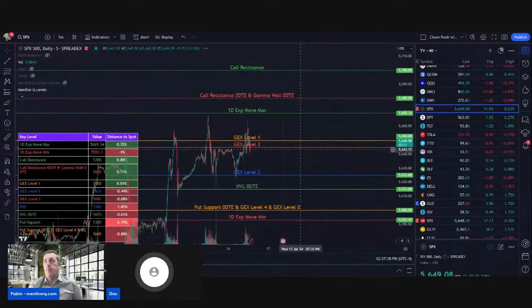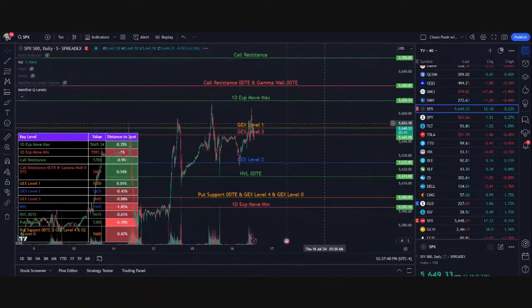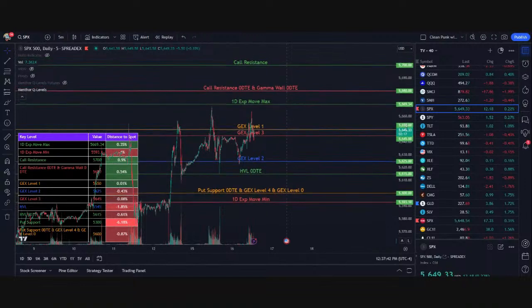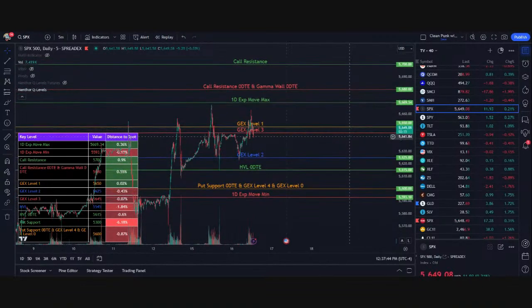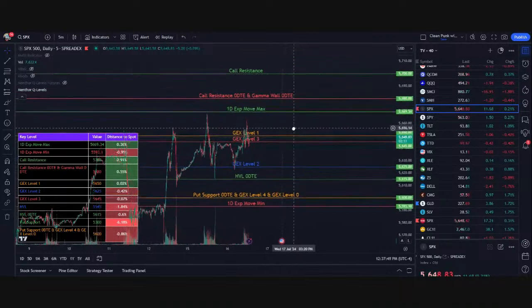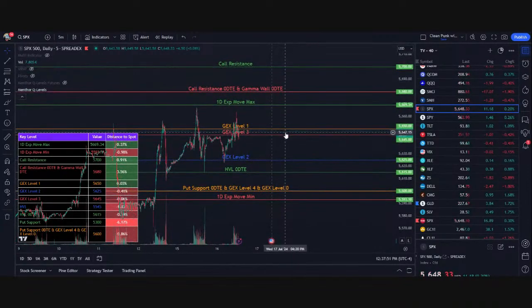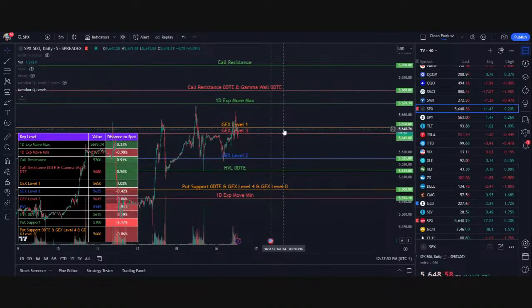Okay, yeah. So what I'm showing you right now is every day in MenthorQ, you have these TradingView scripts that show you the levels for the day, and I do a little write-up, a game plan for the day that's good for option sellers or buyers, where we expect it to go or not to go.